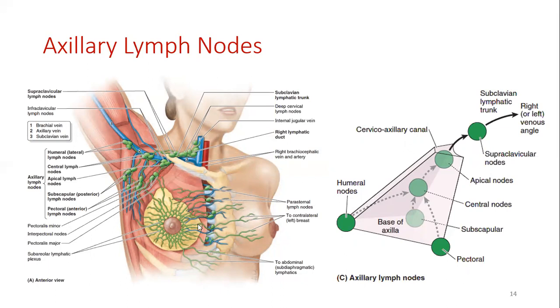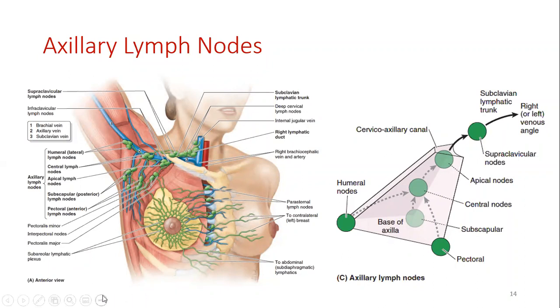So breast cancer less likely arises from these inner quadrants, but when it does, it can be more dangerous because it can spread from one breast to the other, or it can spread from the breast tissue throughout the body with it taking longer for you to detect it, because it's harder to feel that these lymph nodes would be enlarged, because obviously they're right by bone. So it's just harder to deal with.